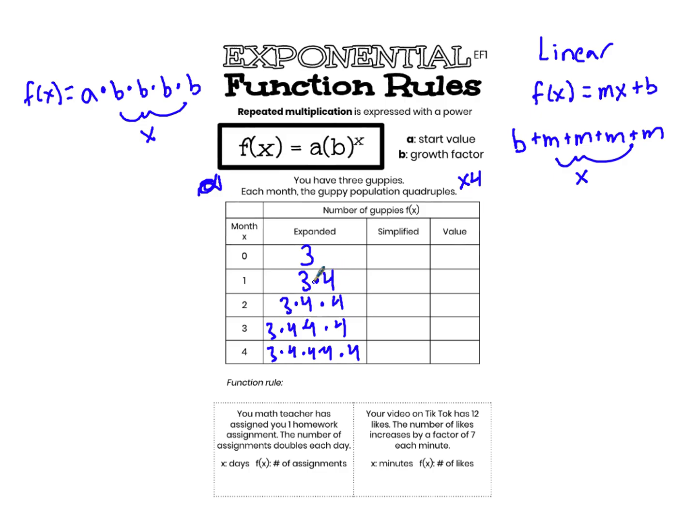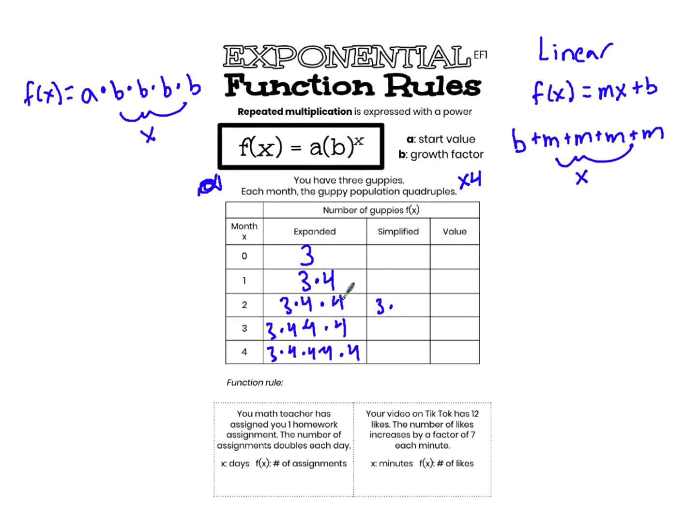This is my expanded form where I'm showing my repeated multiplication. This is a really good way to understand what an exponential pattern is, repeatedly multiplying by that same value, by that growth factor. My simplified form is instead of writing my repeated multiplication times 4 times 4, I'm going to represent that repeated multiplication with a power.